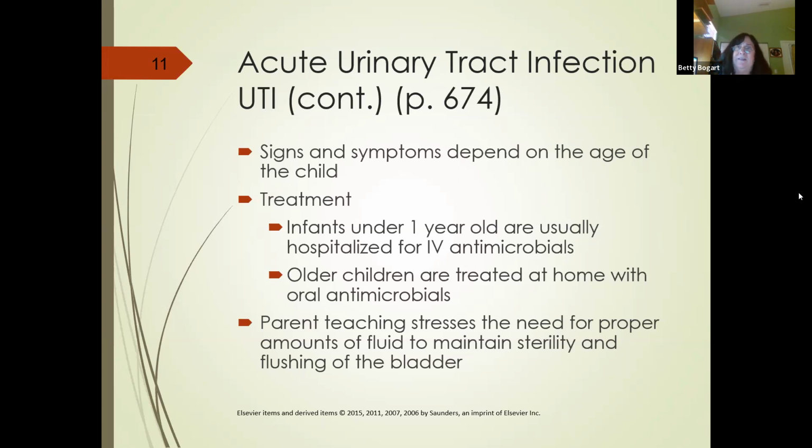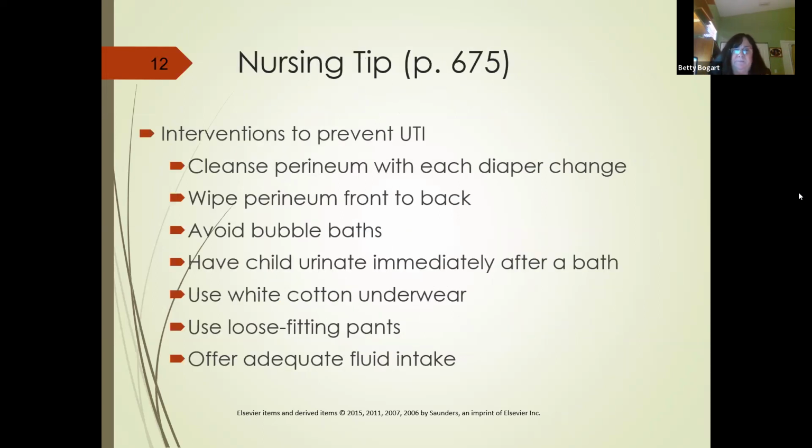They have that time if they need to go back after they finish the antibiotics, retest their urine, making sure it's gone, and see if they need to be placed on another course of antibiotics. So again, these children need fluid, they need to drink, and they need to make sure they're urinating frequently and not holding it.